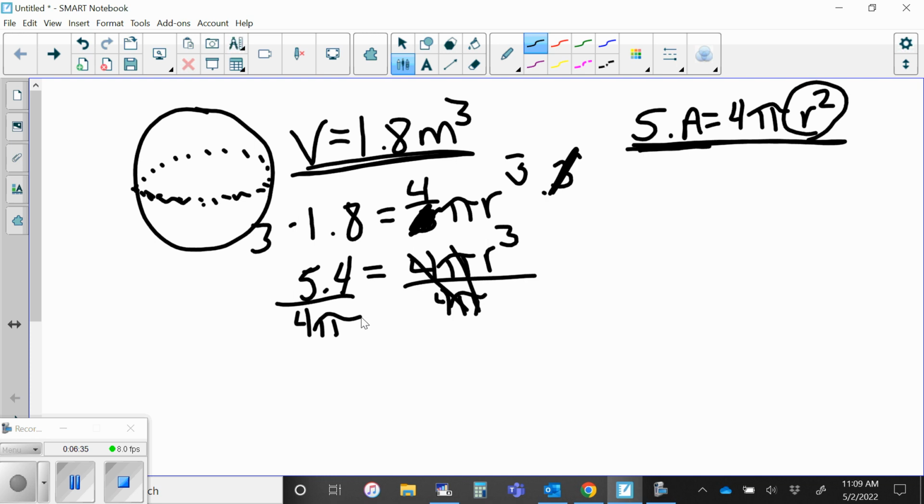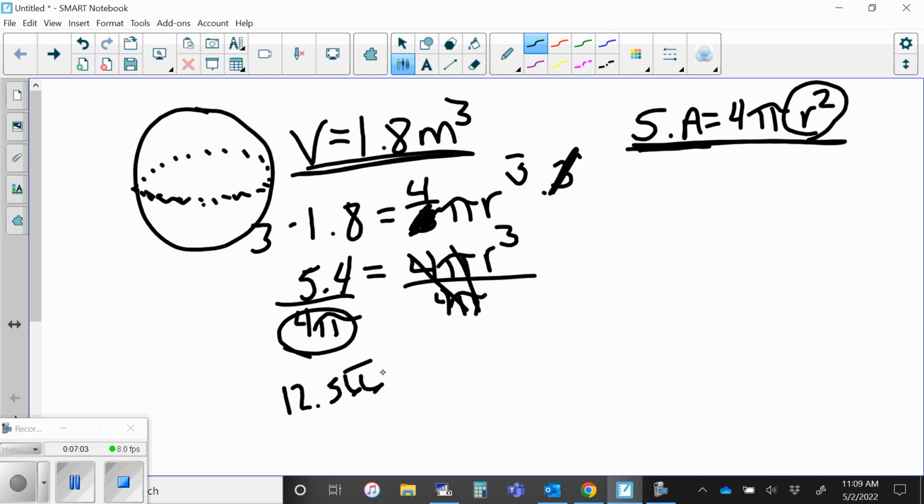I'll do it again. 5.4 divided by, in parentheses, 4 times shift pi. Close parentheses. You're going to see 12.566.